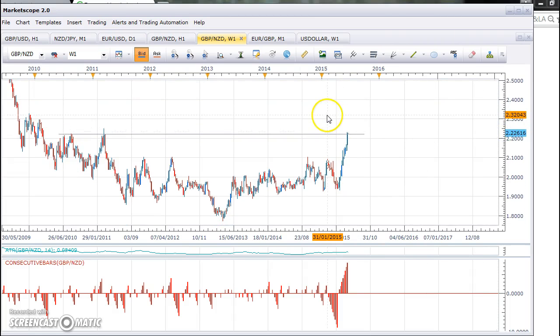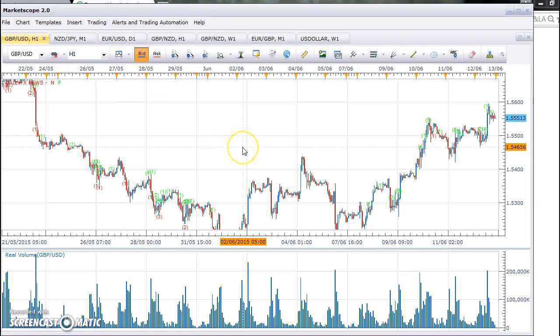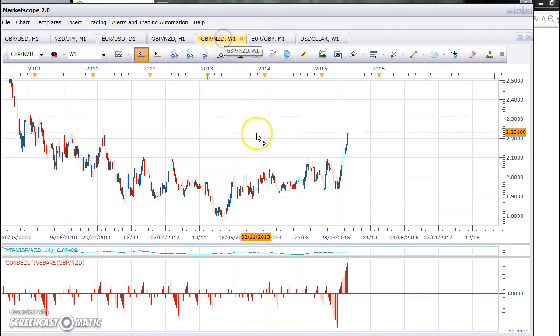We don't have a volume indicator for this particular pair because it's a synthetic pair. We do have a volume indicator obviously for the Pound-Dollar, the Kiwi-Dollar, etc., and from them we can gauge the level of interest in particular moves, but we don't actually have it for the Pound-Kiwi.